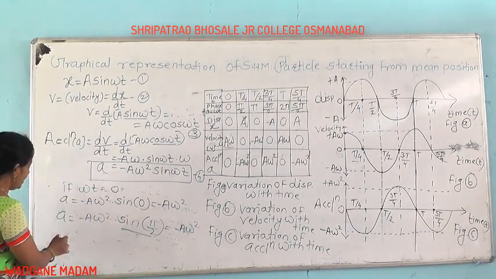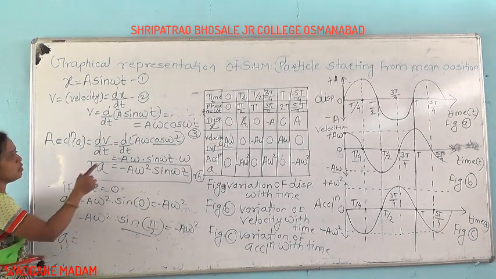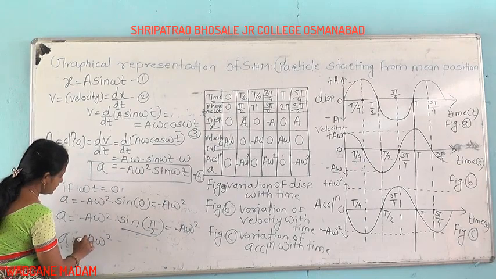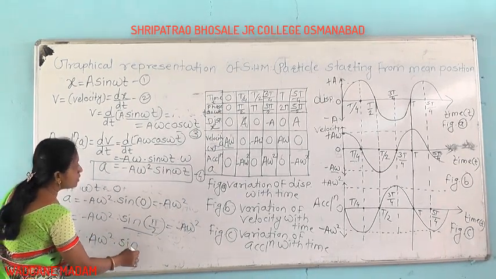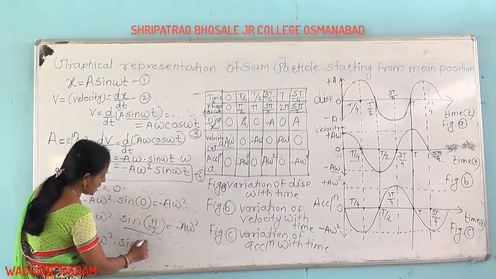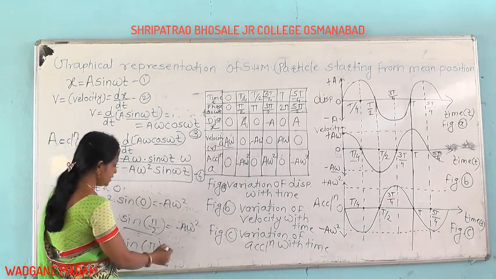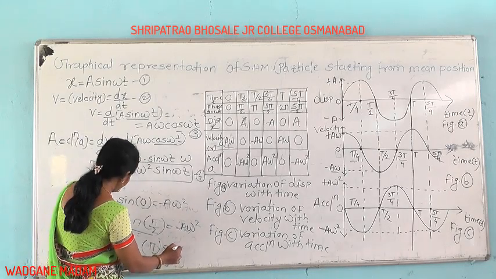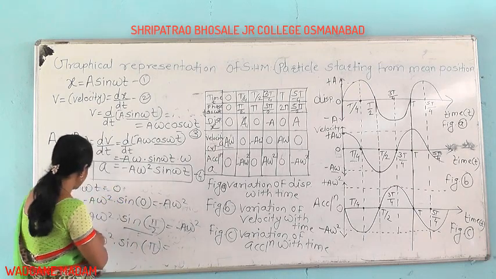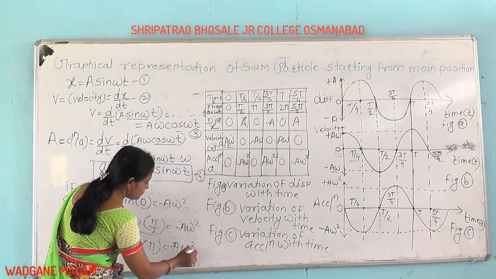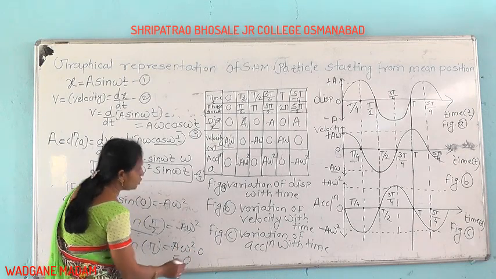After that, acceleration when phase omega t is pi: a is minus a omega square into sin pi. Then sin pi is 0. Therefore, we get minus a omega square into 0, which is 0.